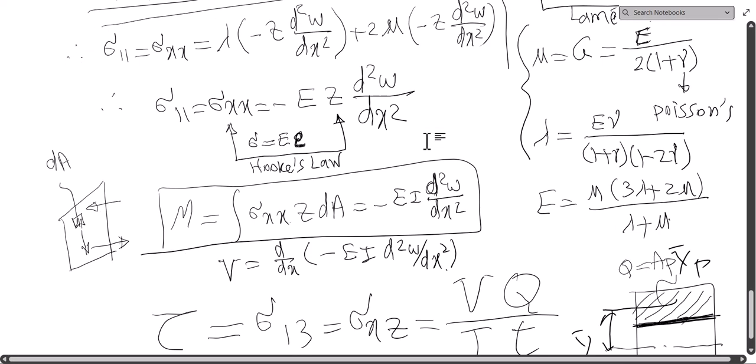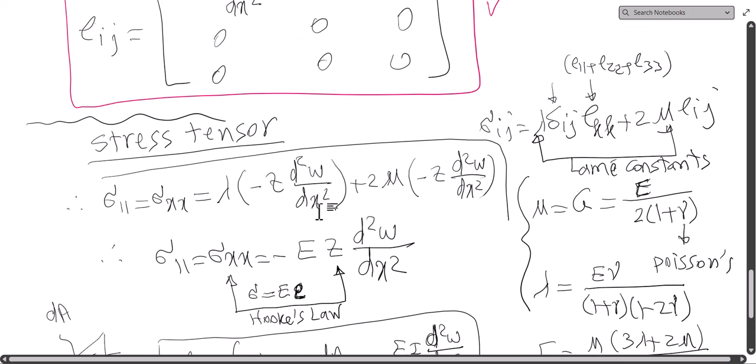I also mentioned that because of that, the surviving or major surviving stress is the stress due to bending, which is E z d2 w dx2.